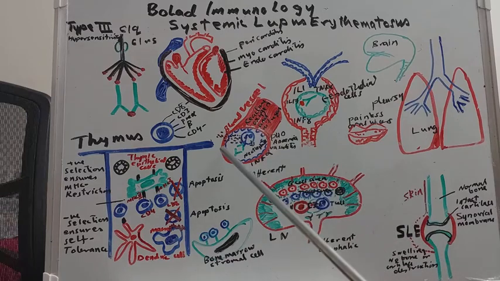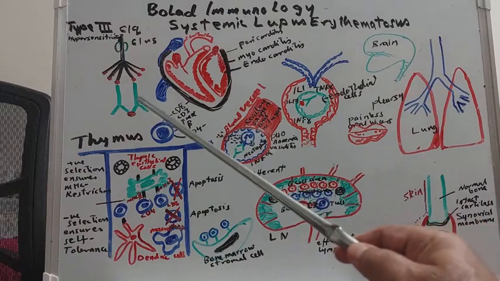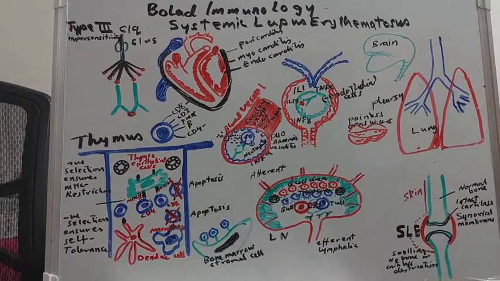Similarly, in the case of SLE, the immune complexes are circulating complexes. When they reside, they activate the classical pathway of the complement. For example, if they reside here in the wall of the blood vessel, they will bind to the endothelial cells of the blood vessels, and maybe these antibodies are anti-endothelial antibodies.